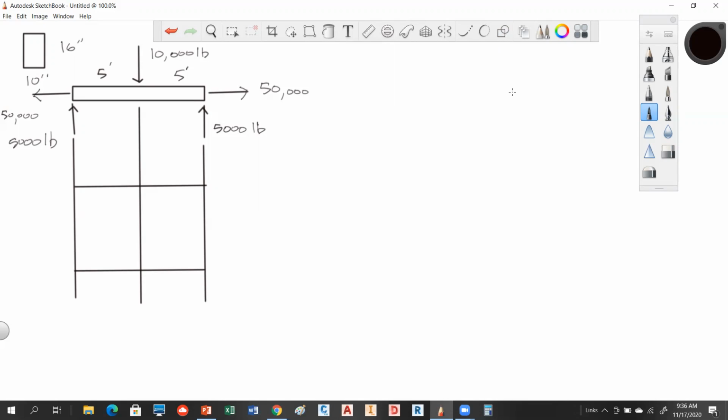So we start out with a reaction here, and we have shear coming up, and it's going to hit 5,000 pounds of shear. What happens as we step across this beam? Is it increasing, decreasing, or staying the same? Constant, staying the same, right?